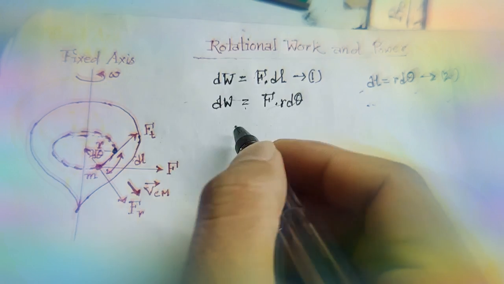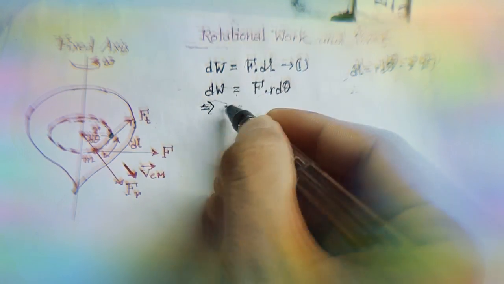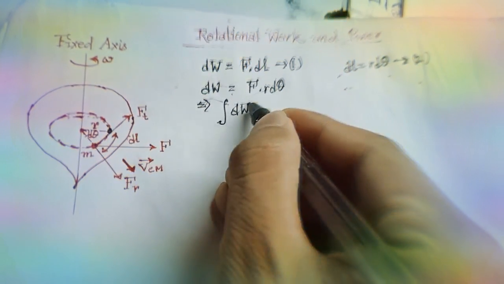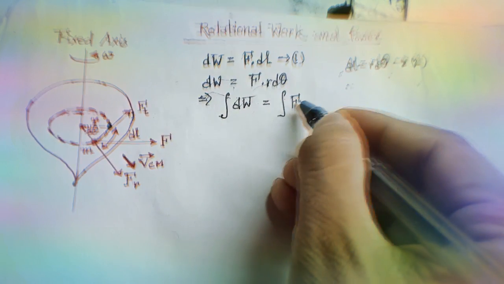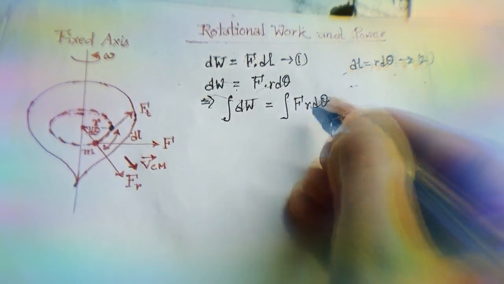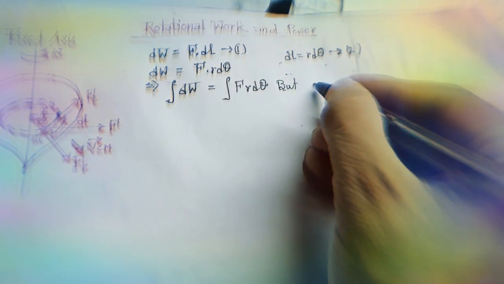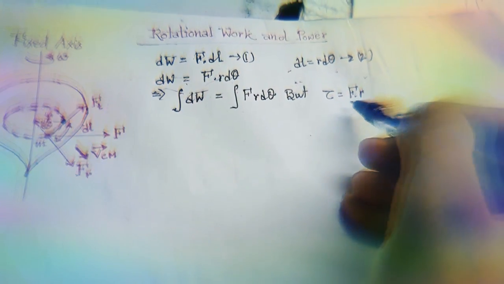If we want to get the total work done by this system, then we have to integrate this. So integration of dW will be integration of F r d theta. But from the definition of torque, as we know, torque equals F into r, force into lever arm, that is called torque.